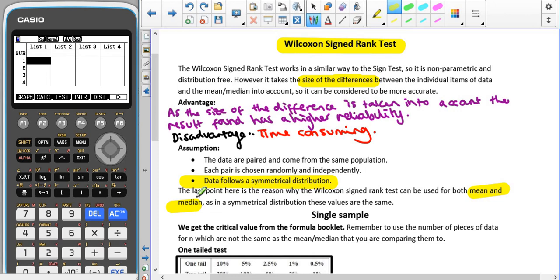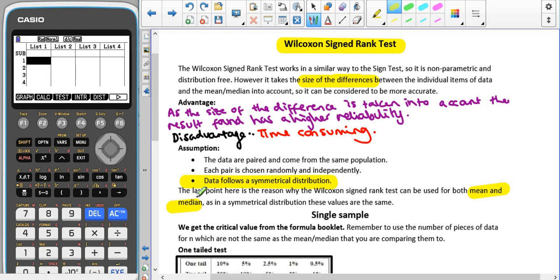Now, it's quite important that you know the difference between the Wilcoxon signed rank test and a normal hypothesis test. In a normal hypothesis test, for a small sample, which will only have small samples when we're doing the Wilcoxon signed rank test because they're not going to want you to find over 30 differences, if it doesn't mention that the population is normally distributed, or it may even specifically tell you that the population is not normally distributed, that means that we are performing a Wilcoxon signed rank test and not a normal hypothesis test.